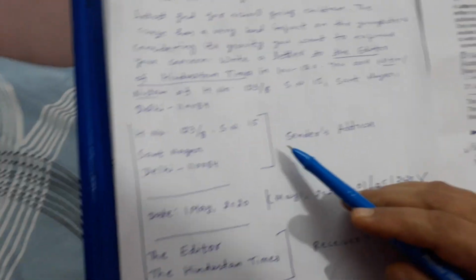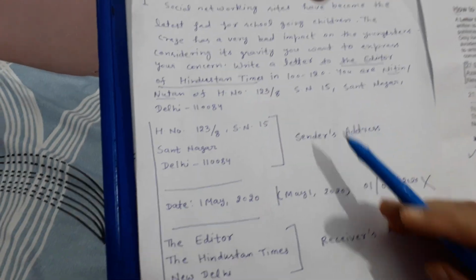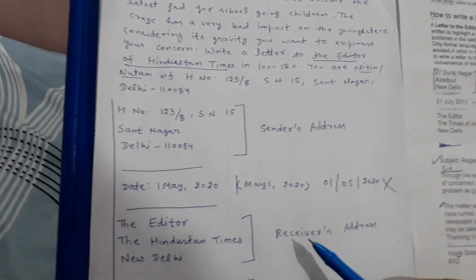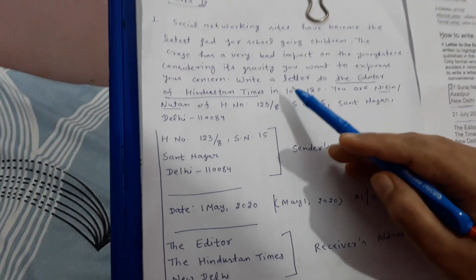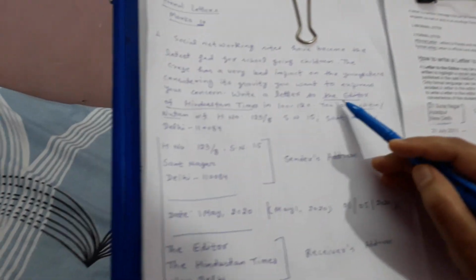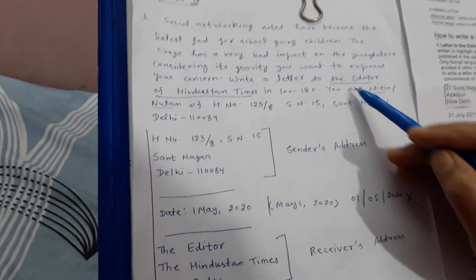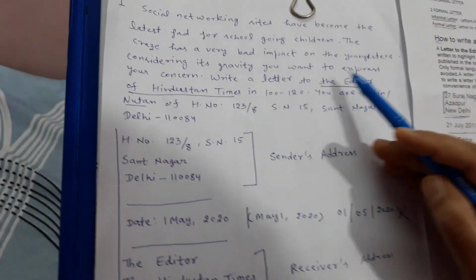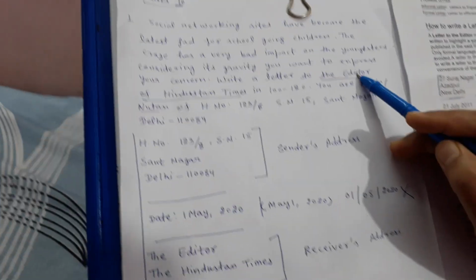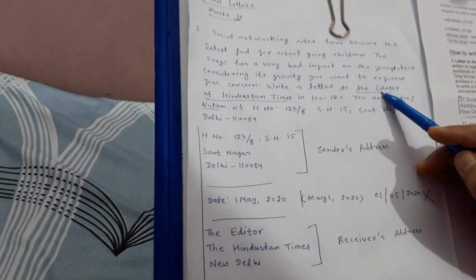Now students, the first task is you have to recognize who is the sender here and who is the receiver here. So, write a letter to the editor. After this, the address. That means the editor of Hindustan Times is the receiver to whom we are going to write a letter.